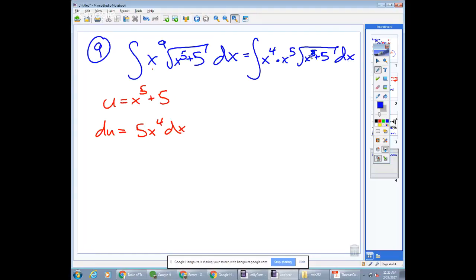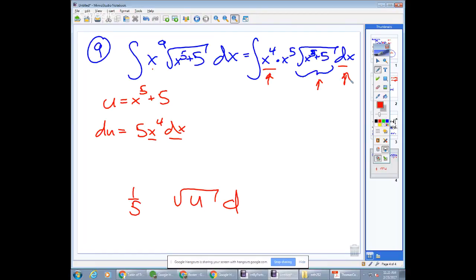Then as far as my u stuff goes, that's going to be the square root of u. I've got 4x dx, I'm just missing the 5, so I can have a 1/5 du. So I got rid of that and that and that.